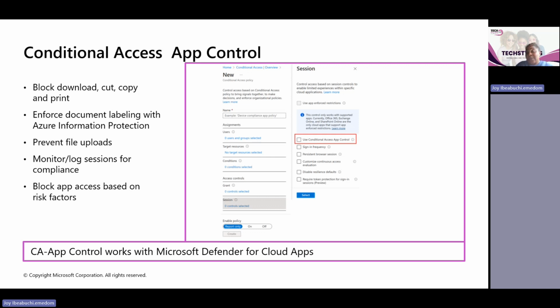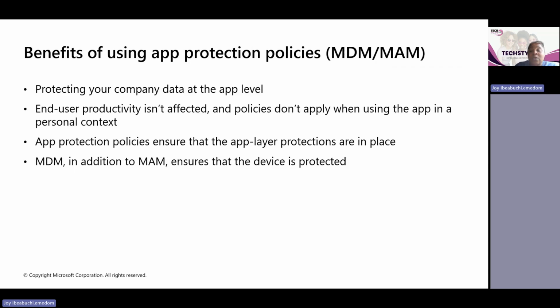We can use conditional access policy embedded with Defender for Cloud to prevent you from being able to copy and download. Even though it's your mobile device, even though it's a mobile app, we can still restrict you from downloading, from print screening, and all of those things. So the condition will be, if this is a personal device, then Defender for Cloud apps will say, don't do this, don't do that.